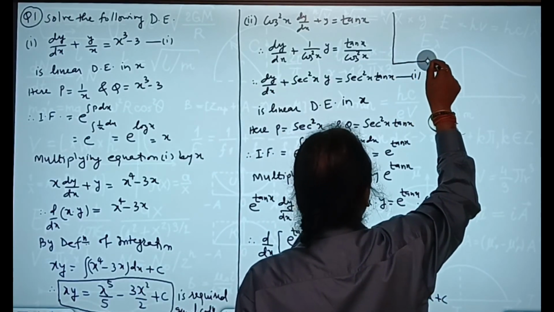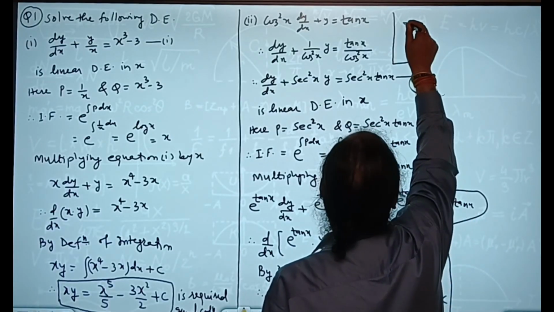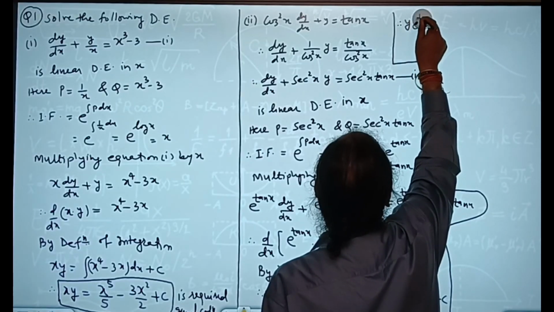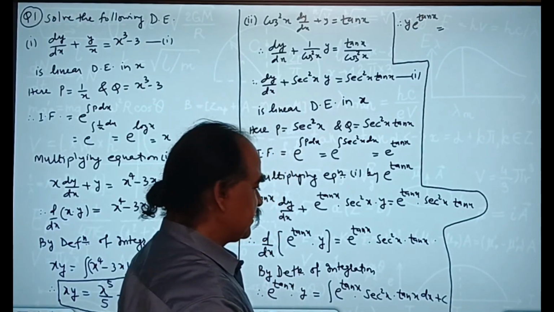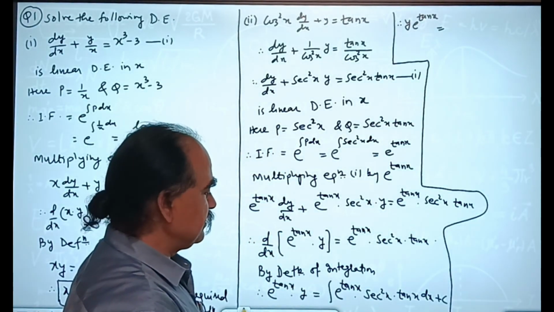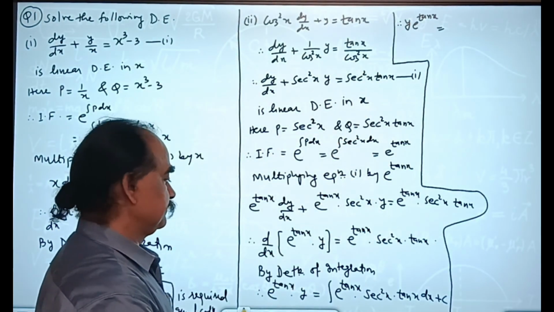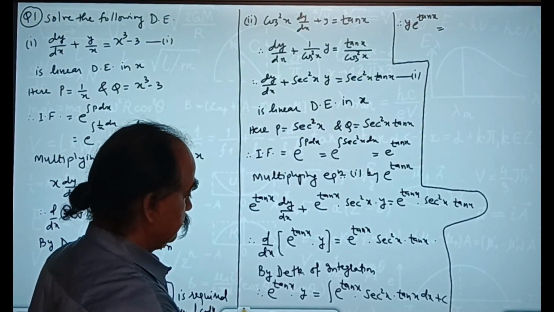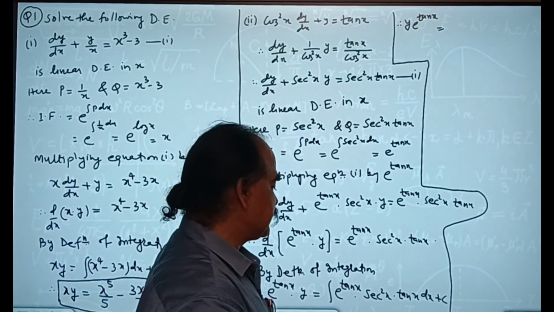Therefore, for the integral we will take tan x as t. Its derivative is sec square x dx, which is dt.